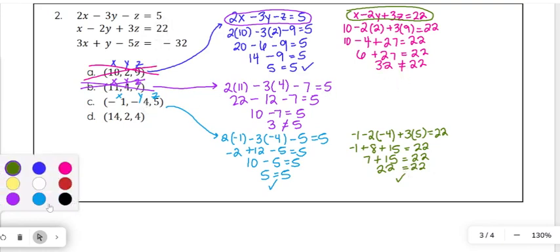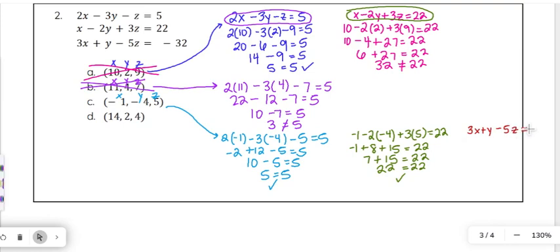Now we can't just assume it works for the third. We do have to actually go ahead and try that. The third equation we have not plugged into yet, so I'm going to rewrite that. 3x plus y minus 5z equals -32. So that's going to be 3 times -1 plus -4 minus 5 times 5 equals -32. 3 times -1 is -3. -4 is next.